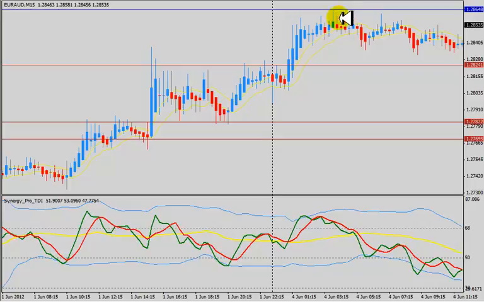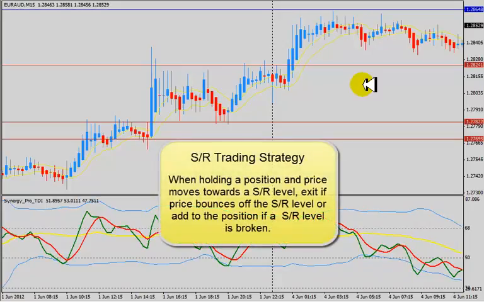So remember again, old support can become new resistance, and this acted as resistance. Market finally pushed through it, then we look for that next resistance level. At that point, the market couldn't break above it, and we fall back down. So two things again about trading support resistance levels. When holding into a position, hold into that position until it gets to the previous level.